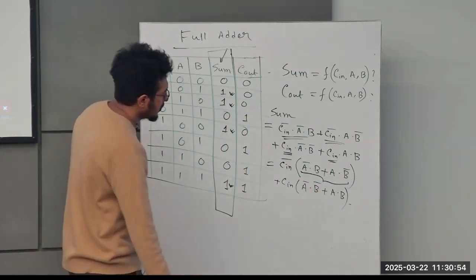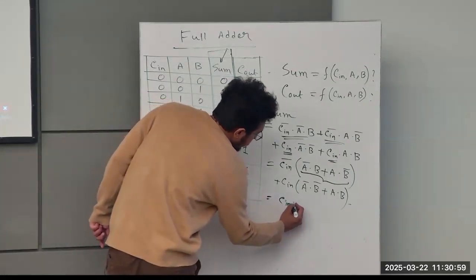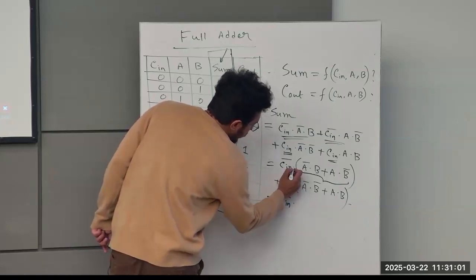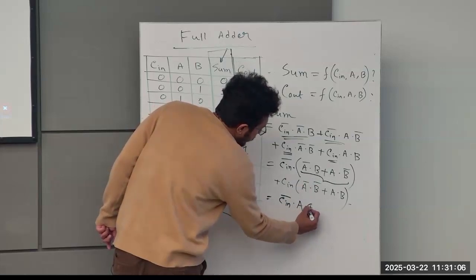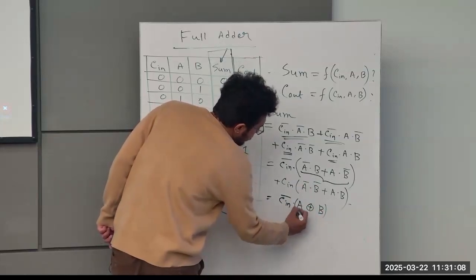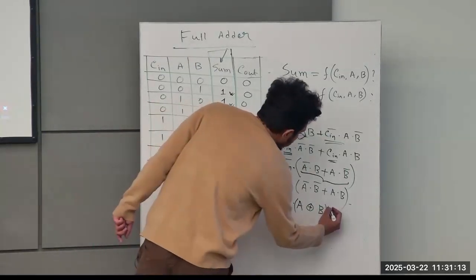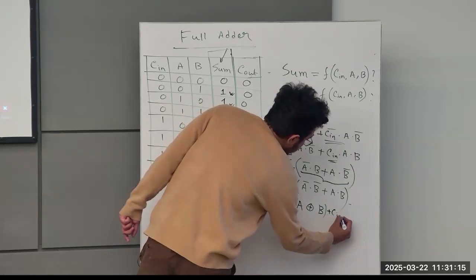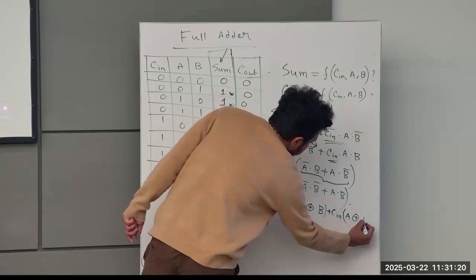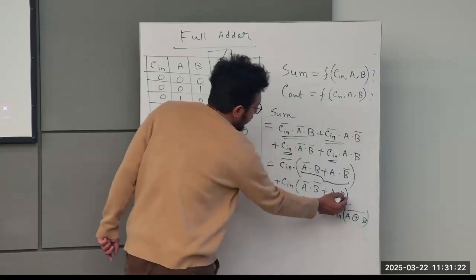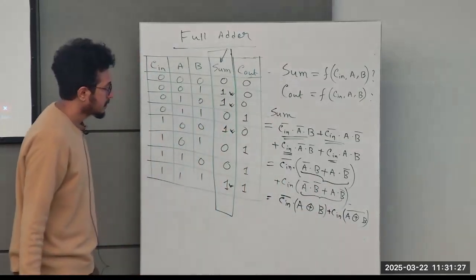A XOR B. So we can call it C in naught into A XOR B. Then we have C in into A XNOR B. This is the function of XNOR.